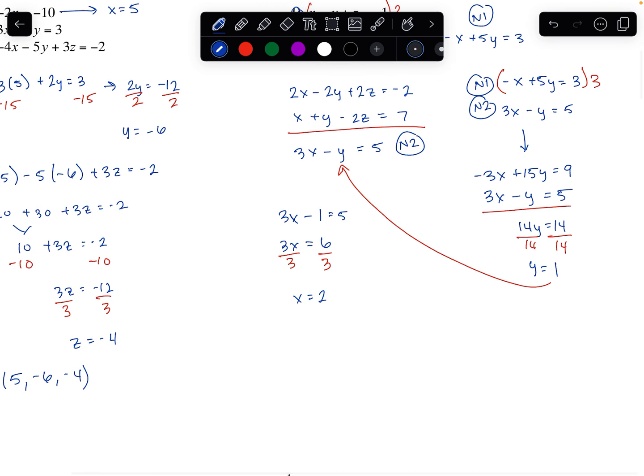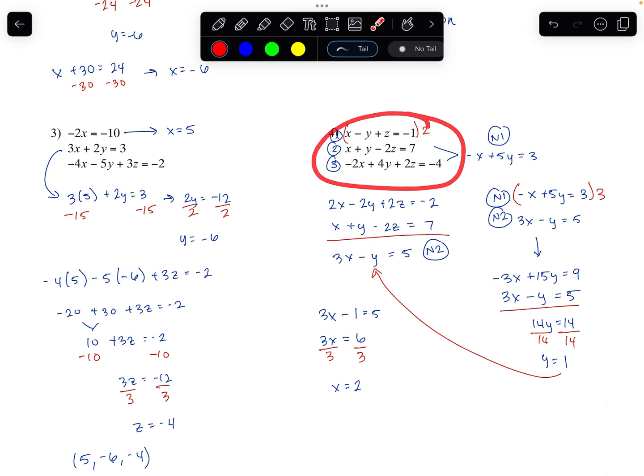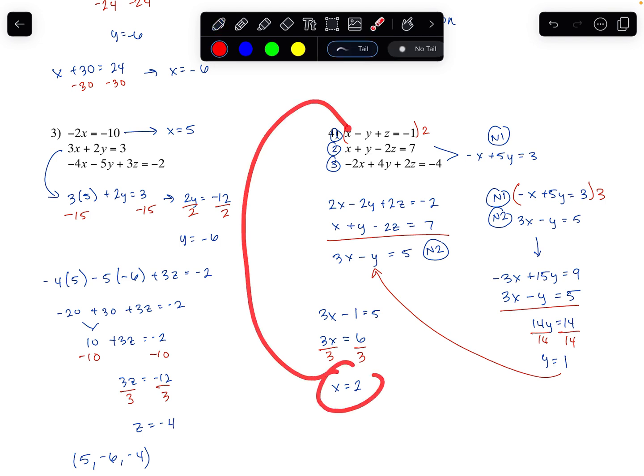Okay, so now I have y, I have x, now I need z. So I'm going to go up here and look at one of these equations, and I'm going to use this equation. I know that x is 2, so I can plug that in here. And I know that y is 1, so I can plug that in here.